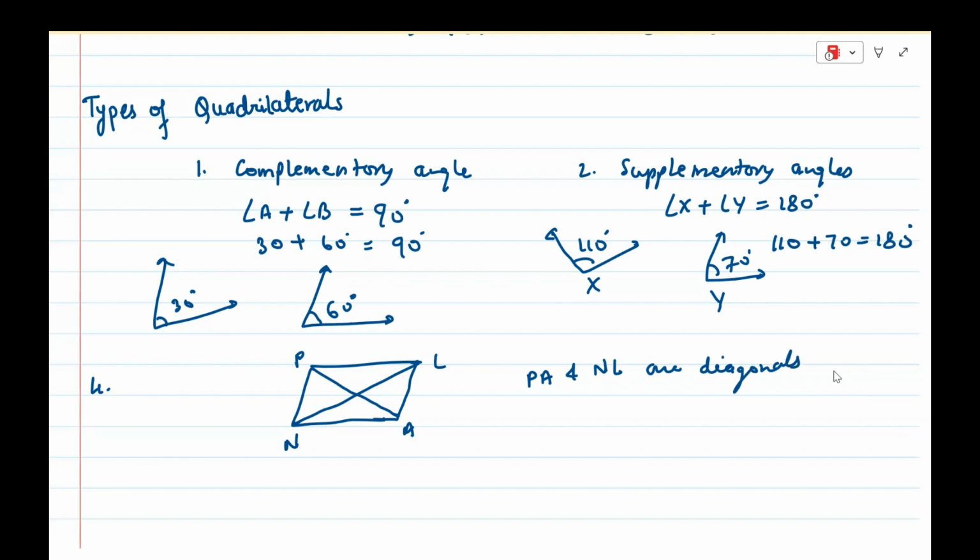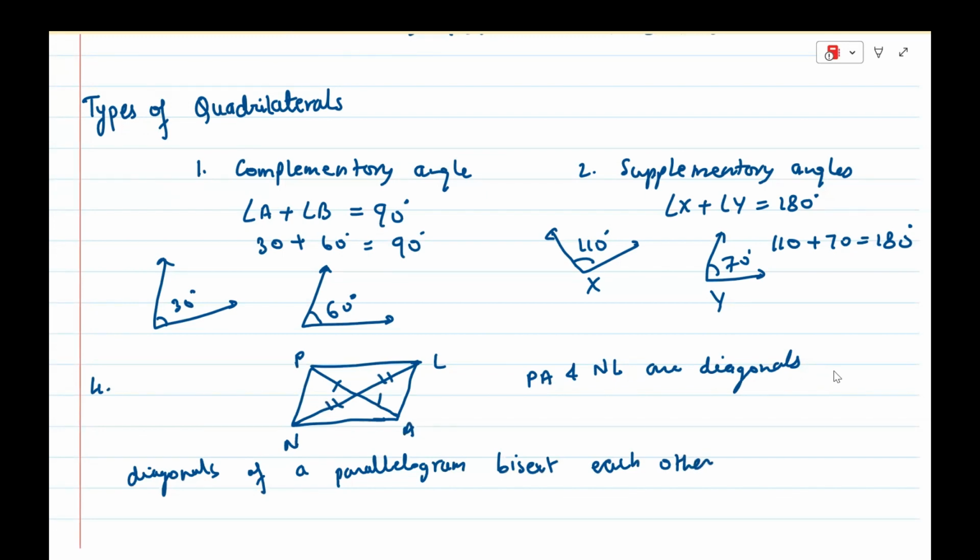Correct? Okay. So one more property is that diagonals of a parallelogram bisect each other. What is that? Diagonals, because there are two diagonals, of a parallelogram bisect each other.